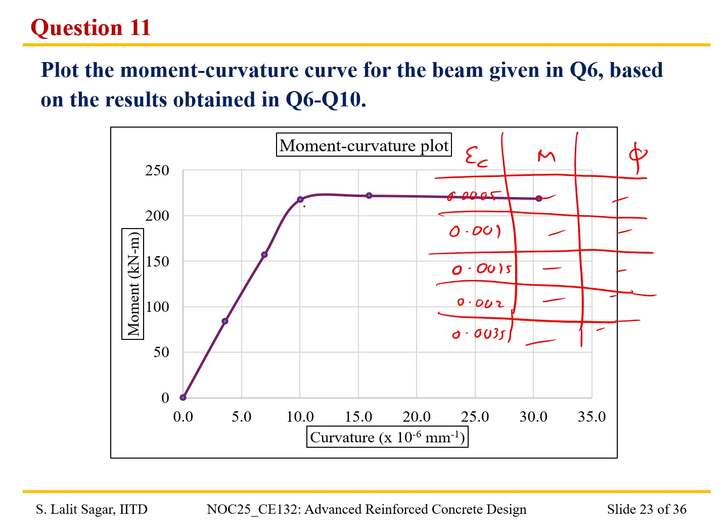And also we can say that corresponding to a moment capacity of around 220 kilonewton meter, it is in the linear range, and beyond that it tends to go in the material nonlinear range. So based on questions 6 to 10, we were able to perform the moment curvature analysis and plot the moment curvature curve for the reinforced concrete beam considered in question 6.